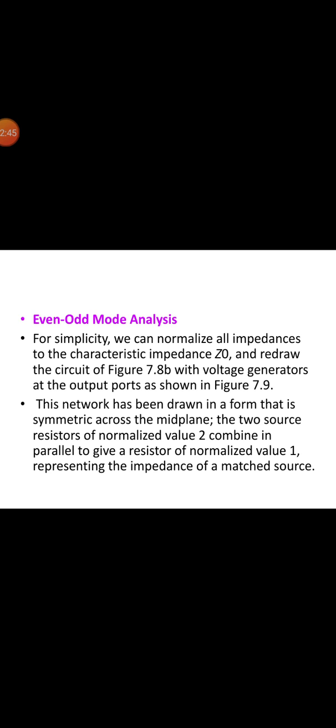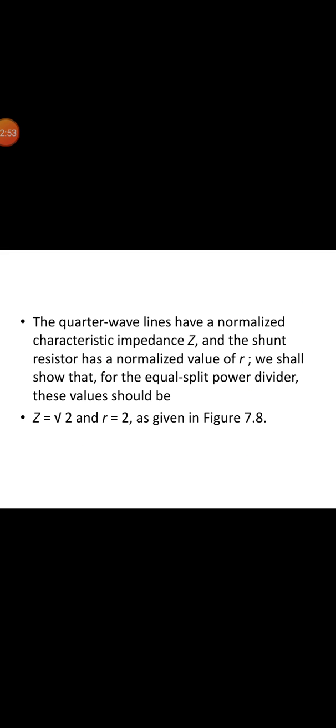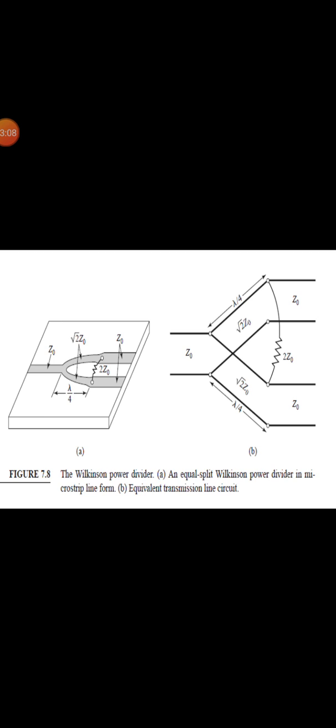The 2 source resistors of normalized value 2 combine in parallel to give a resistor of normalized value 1, representing the impedance of the matched source. The quarter wave lines have a normalized characteristic impedance Z and the shunt resistor has a normalized value of R. For the equal split divider, these values are Z = square root of 2 and R = 2, as shown in this figure. We can see this in the figure.